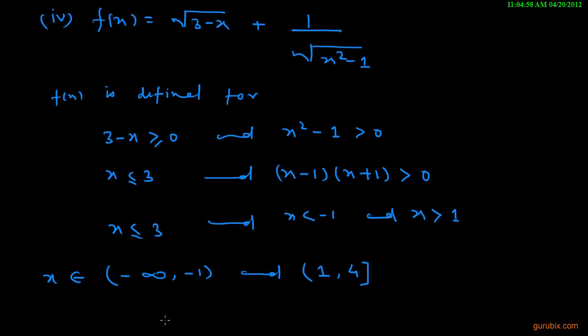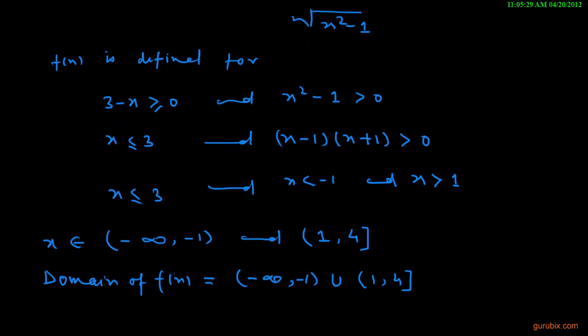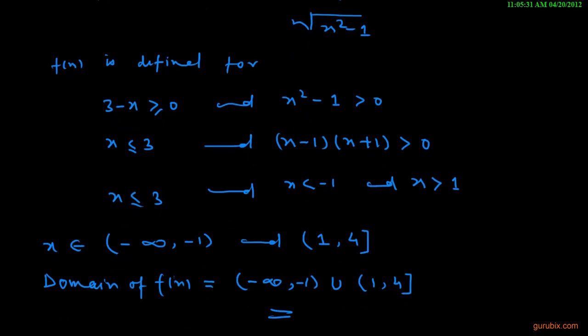So this is the domain of the function. So we shall write domain of f(x) equals -infinity to -1 union 1 to 3. So this is the solution of the question. Thank you.